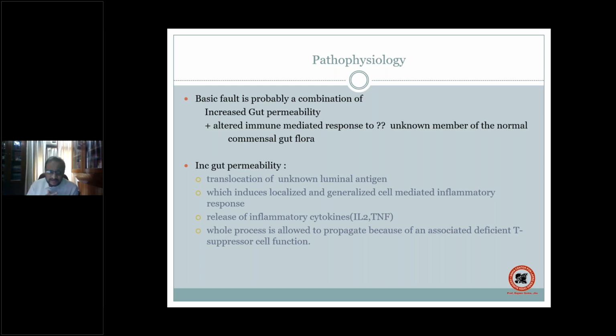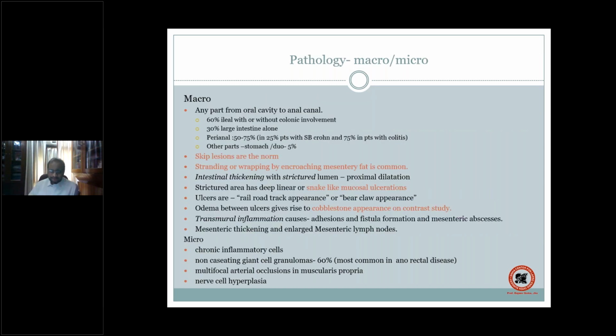But that's not happening in this patient with Crohn's disease. So that is why I say it's a double-pronged attack. Number one, the probable antigen creates havoc inside the immune system, and at the same time, the control mechanism is gone. It is no longer being controlled by your T suppressor cells.